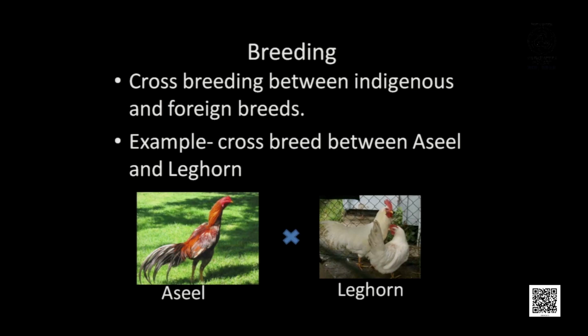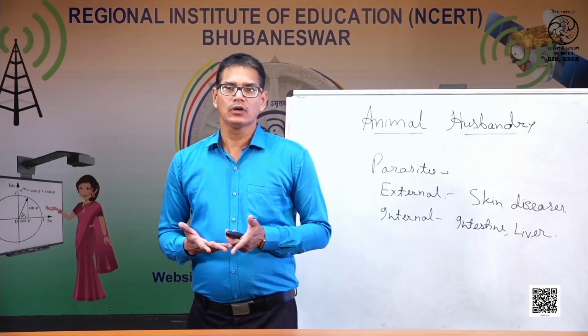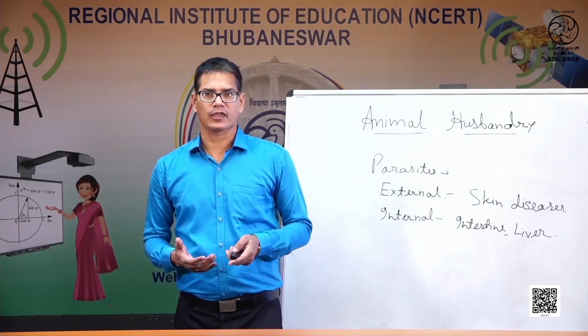As you can see in the picture, example is Asil. It is a local breed. It can be crossbred with Leghorn, that one is a foreign breed, and then we will get the desired result. That means a fowl that has good egg laying capacity and also is resistant to diseases.